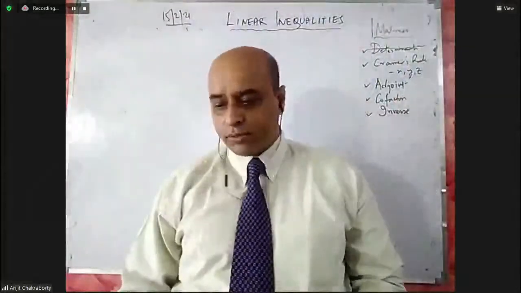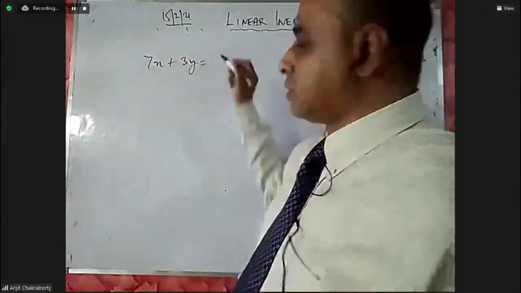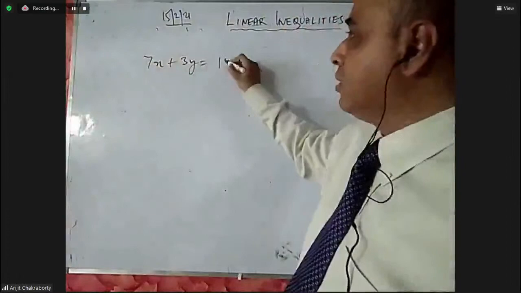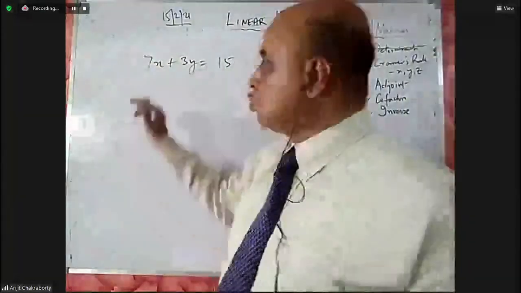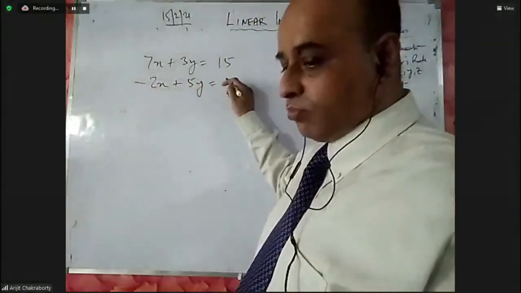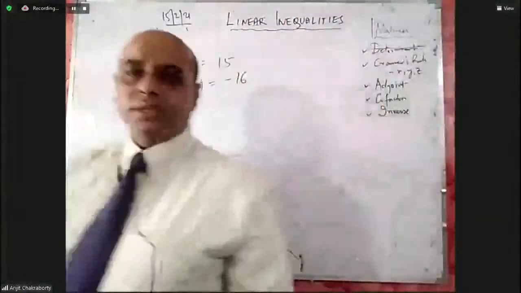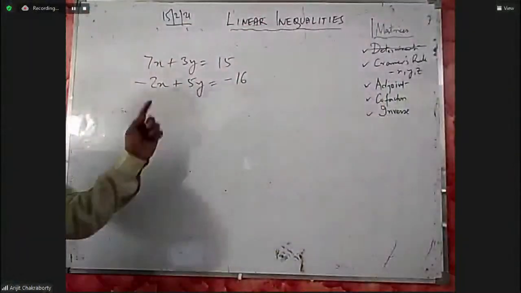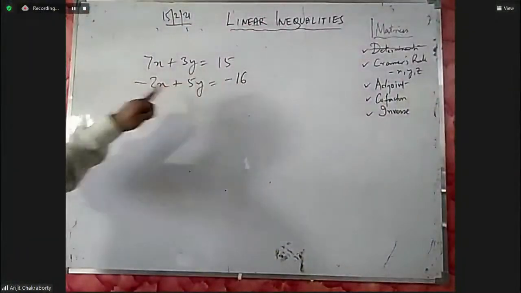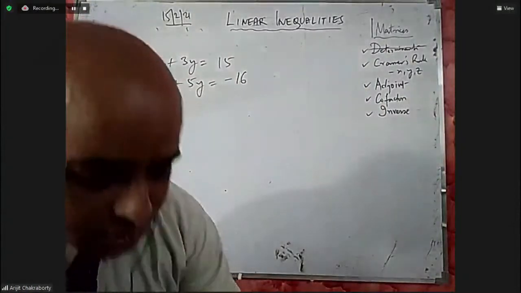This is also an exam question: 7x plus 3y equal to 15 and minus 2x plus 5y equal to minus 16.